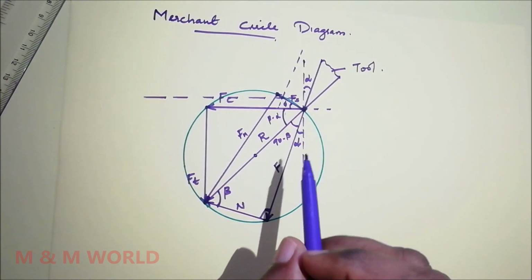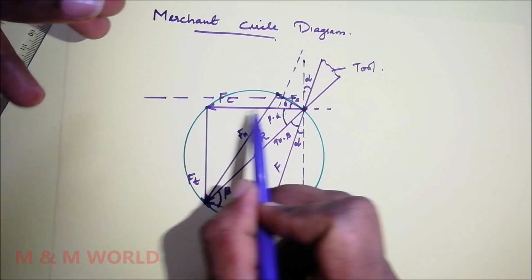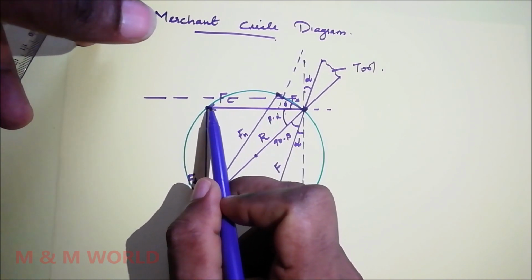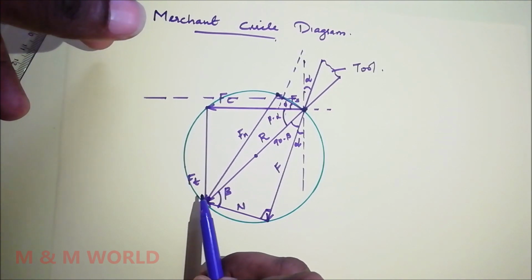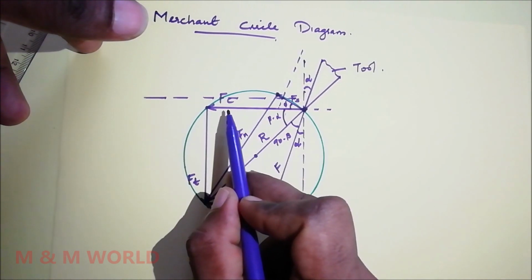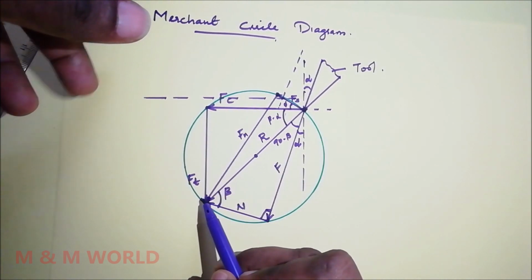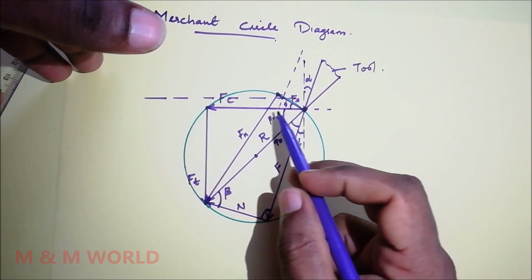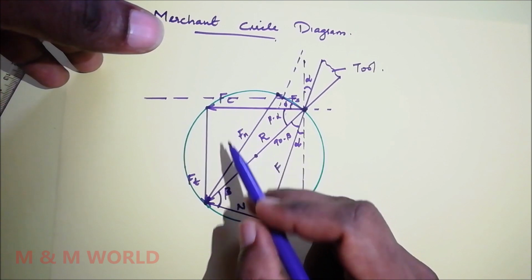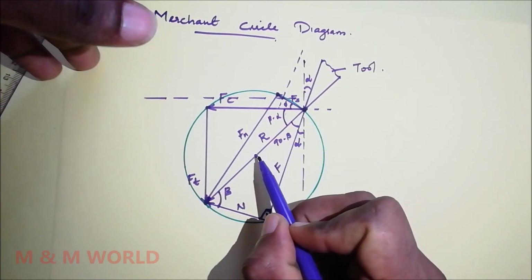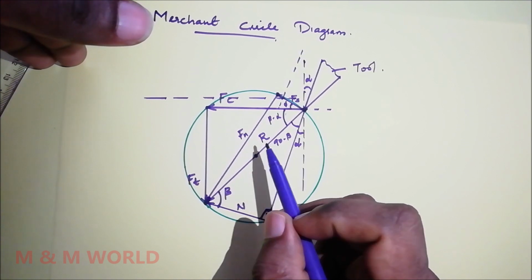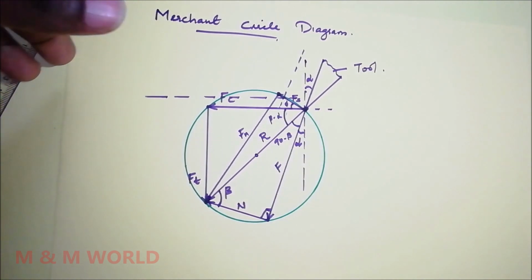Then we can draw the Fc component, then draw the Ft component. So horizontal we will be drawing Fc, then this will be Ft, and draw the resultant R, resultant of Fc and Ft. Now locate the center of R and draw a circle.